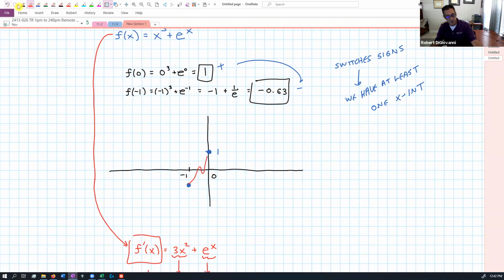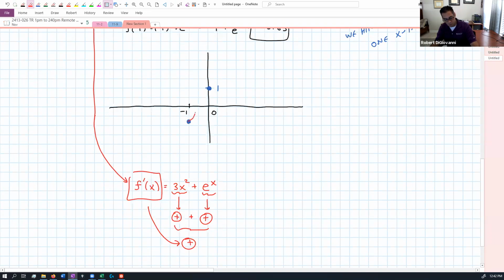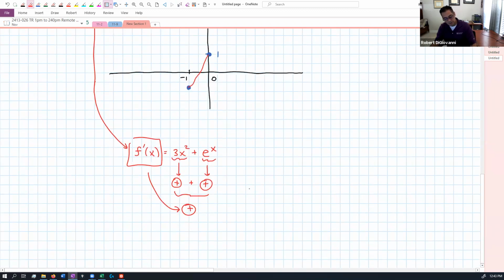It would have to continue to increase. So since f prime is positive, the function can't turn back, it can't turn around. So you only have one x-intercept. Boom, we're done.